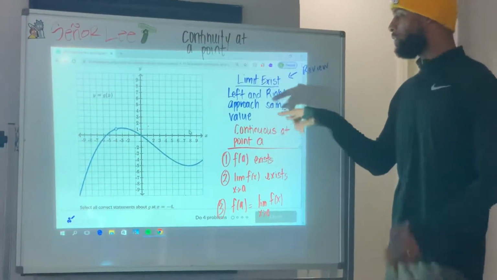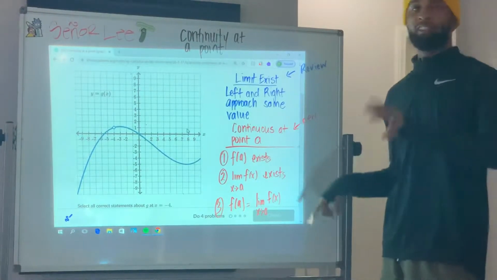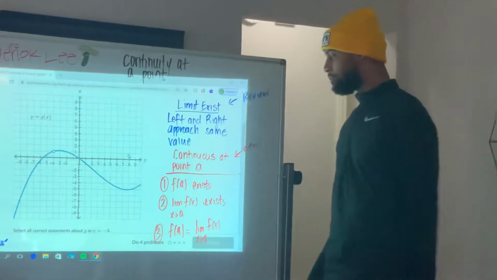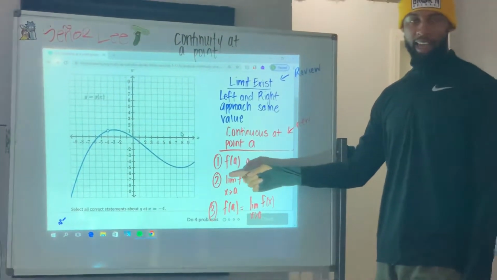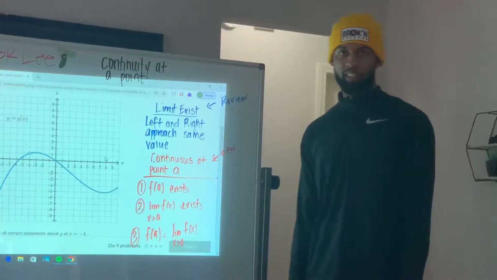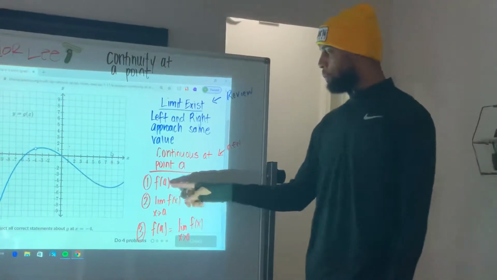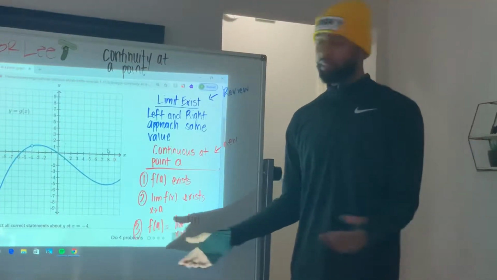All right, so this is what's new: continuous at a point. If we're trying to figure out if a function is continuous at point A, there are 3 things we're going to look at. First, the function must exist at A. So if you're trying to figure out if the function is continuous at point 4, if you plug in 4 into your function, you have to get a number out. It has to exist.